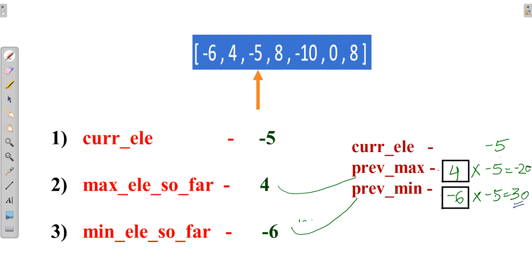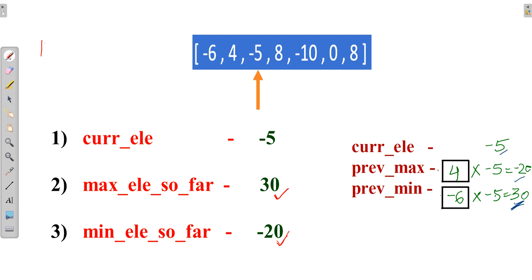So out of -5, -20 and 30, the maximum element we accomplish here is 30 and minimum element is -20. So till here the maximum element so far is 30 and the minimum element so far is -20.